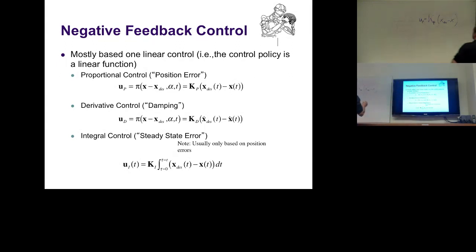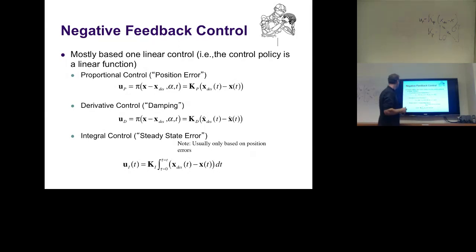Most of the time, this Kp would be a diagonal matrix, which we now know very nicely. That means there is Kp1, Kp2 on the diagonal, and zeros elsewhere. Off-diagonal terms are hard to understand and not very common.